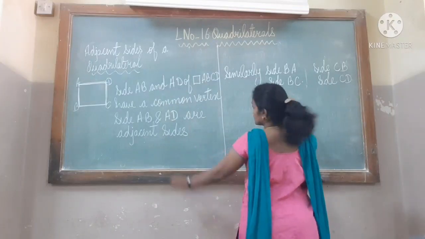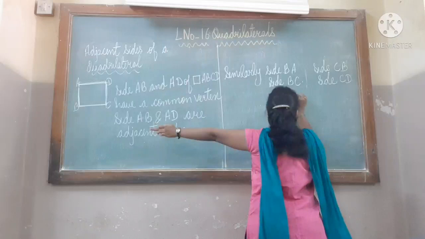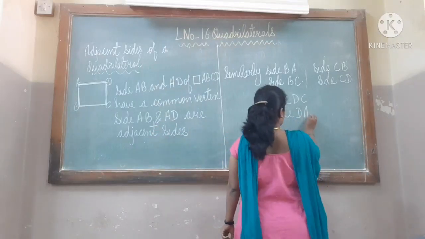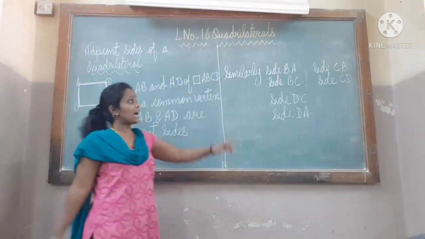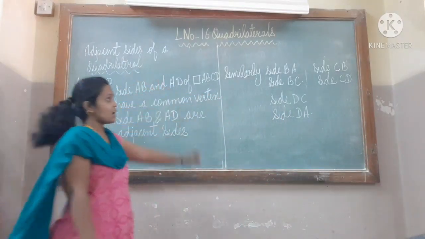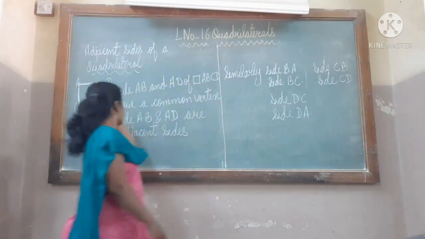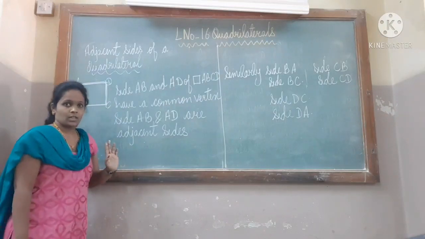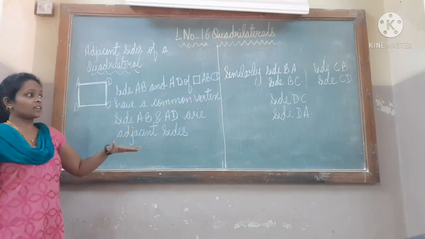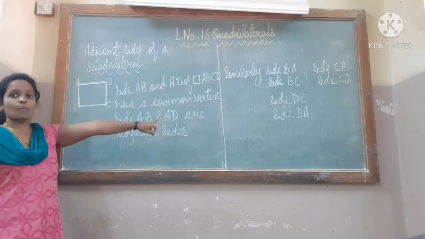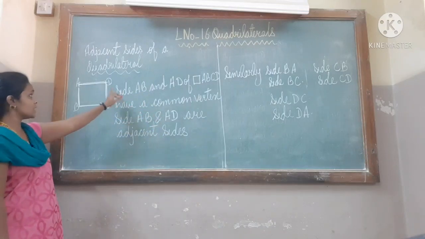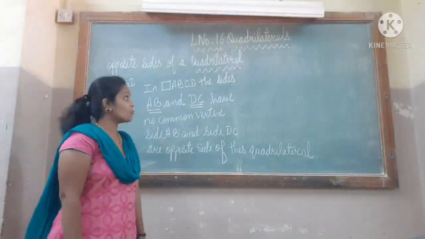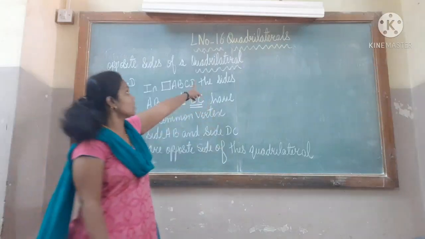Side DC and side DA. They are also the adjacent sides of the quadrilateral ABCD. Means all are having a common vertex, that is B, C, D. Clear?